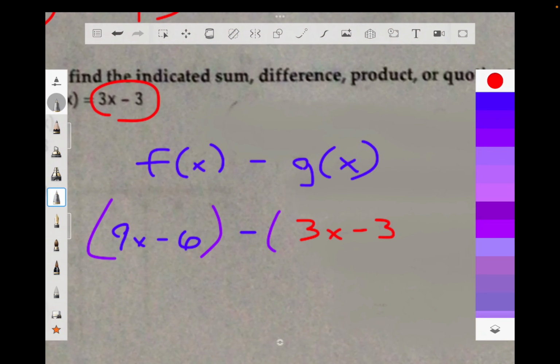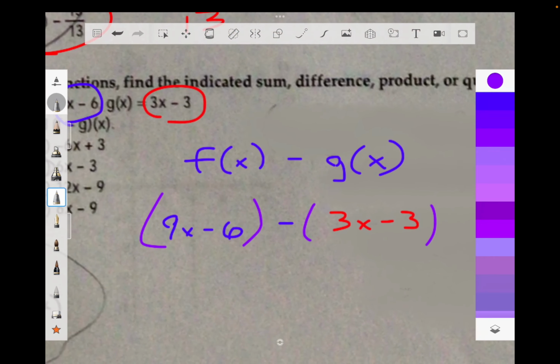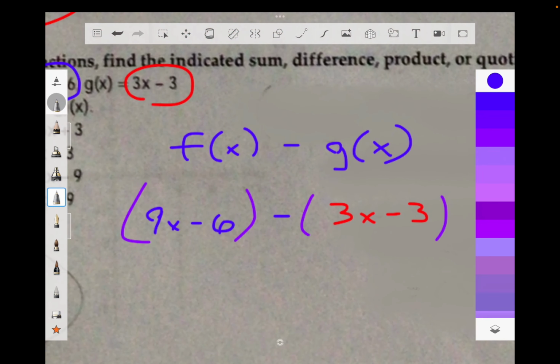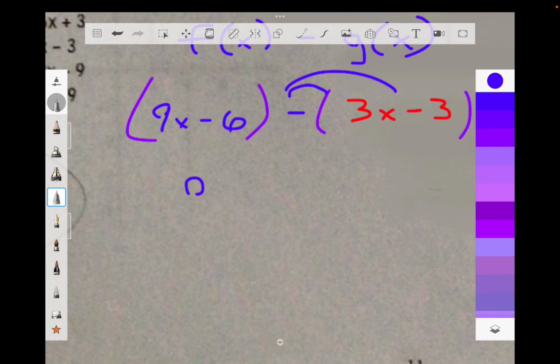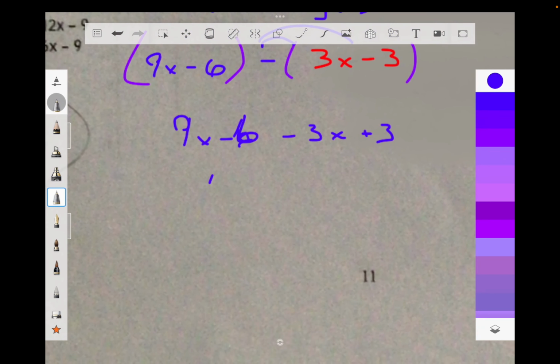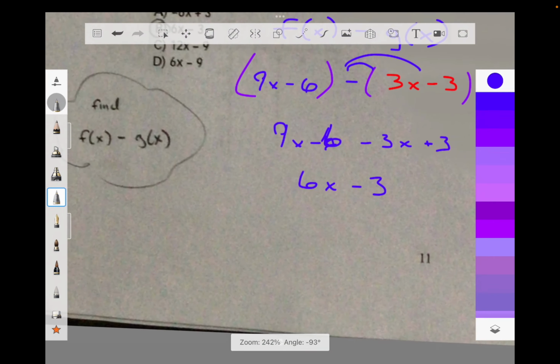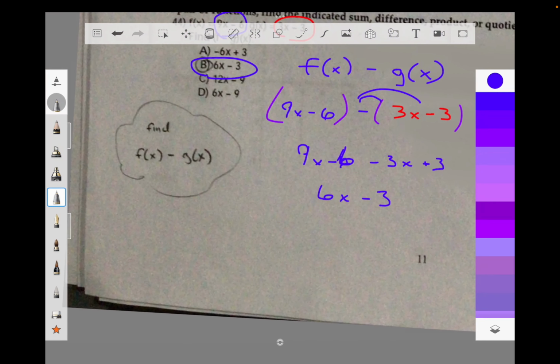Distribute the negative: 9x minus 6 minus 3x plus 3. Add like terms: 9x minus 3x is 6x, and negative 6 plus 3 is negative 3, which is this one.